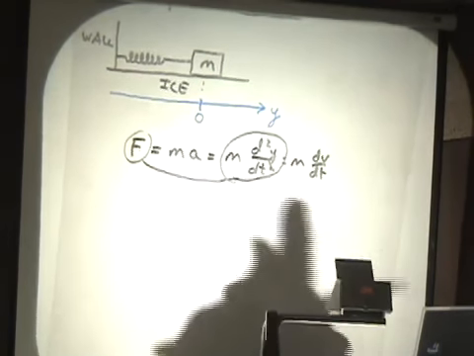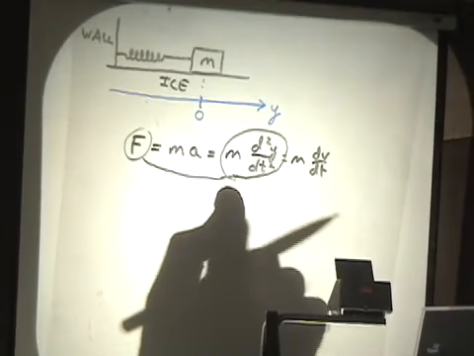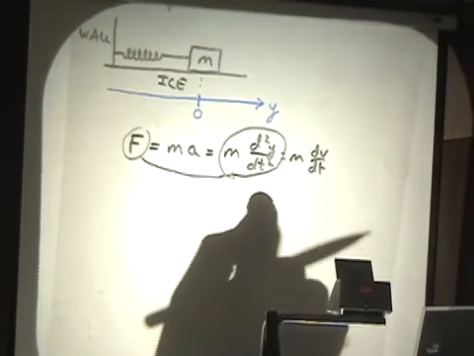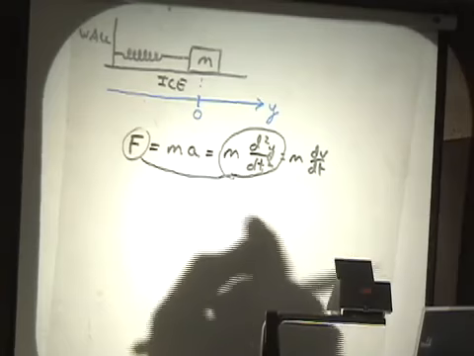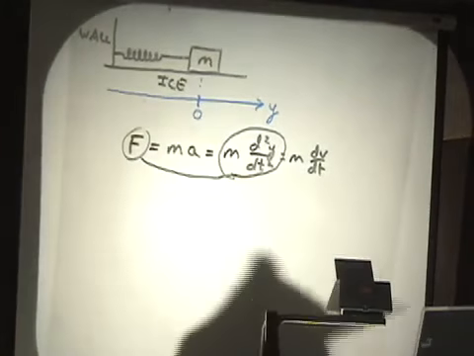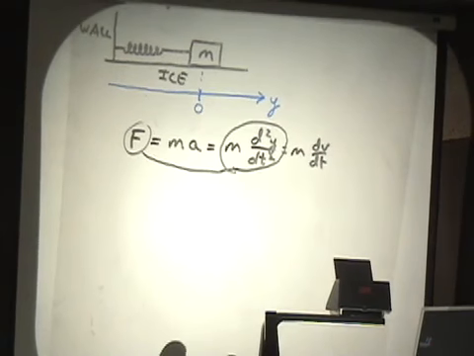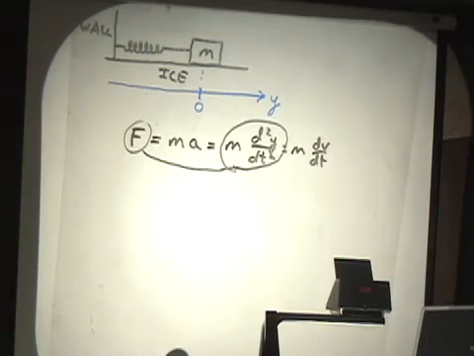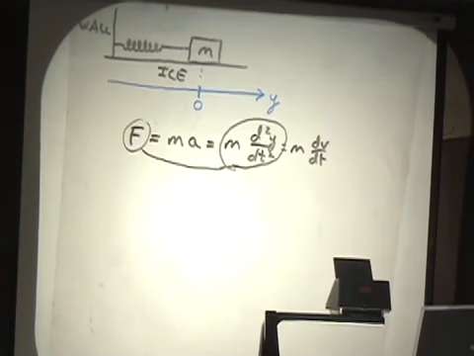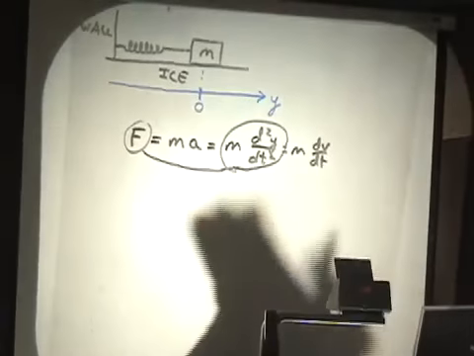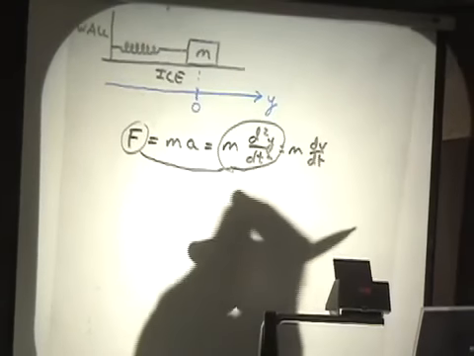And the force, well, you might say its units would be kilograms times meters per second squared, but that's equivalent to newtons, is the shorthand name that scientists give to force. So that's one key fundamental fact. This fact is true no matter what kind of forces are acting on the object.